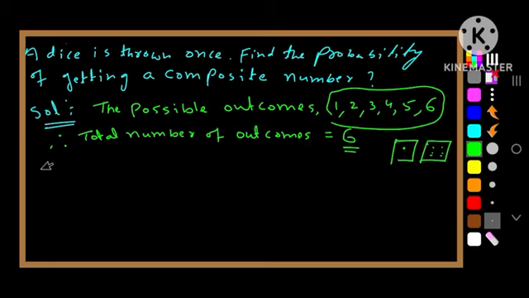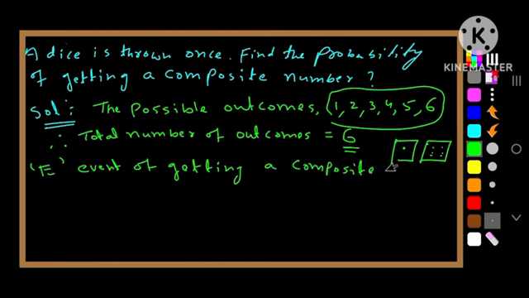So now let us take E as an event. What is the event? The event of getting a composite number. Out of the numbers 1, 2, 3, 4, 5, 6, what are the composite numbers?